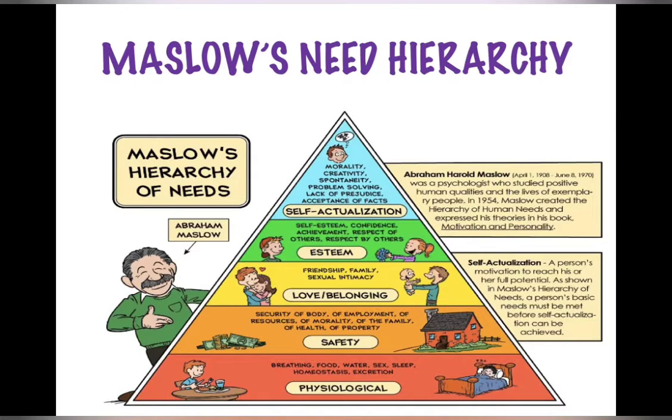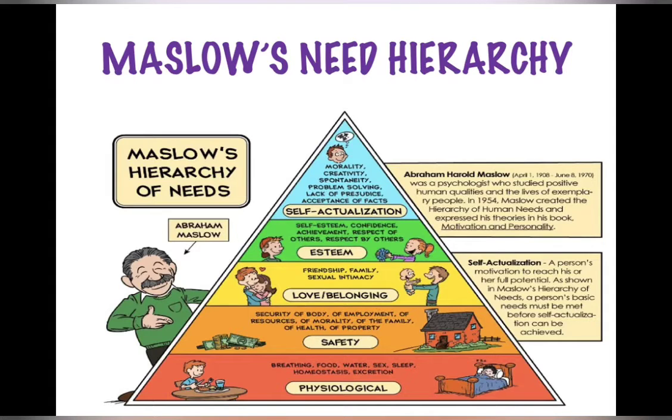At the basic or lowermost level, we have the physiological needs that include breathing, food, water, sex, sleep, homeostasis, excretion. These are the basic needs that one requires for survival. Once these needs are satisfied, an individual moves towards the higher level needs, which are known as safety needs.